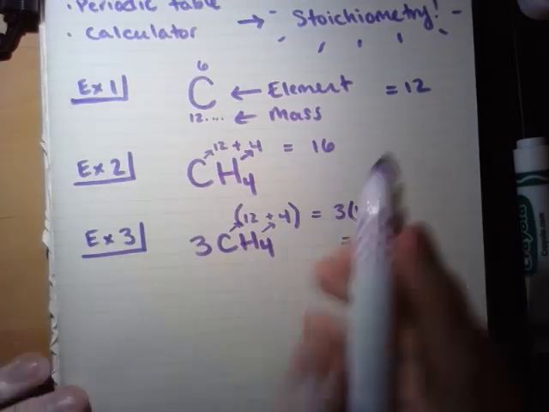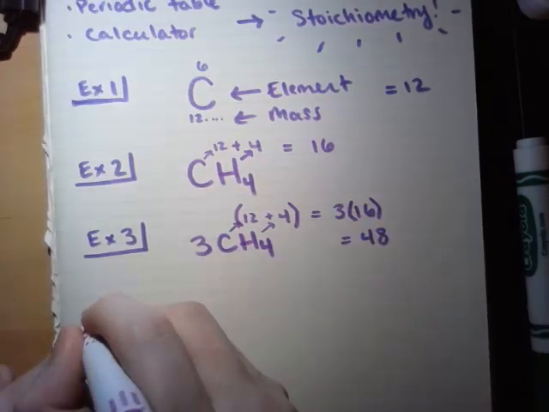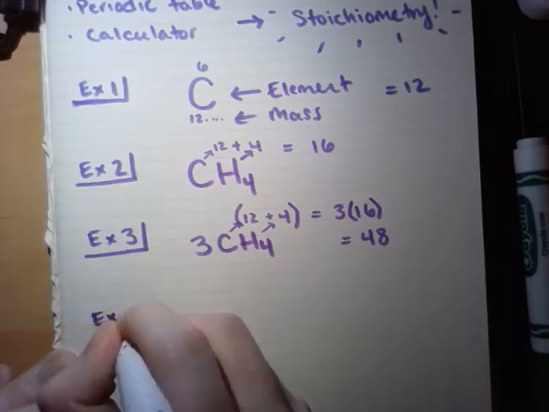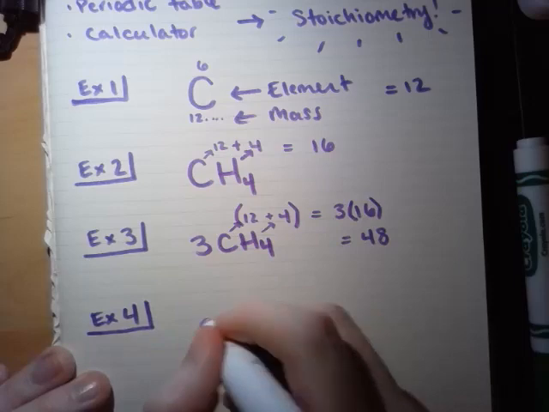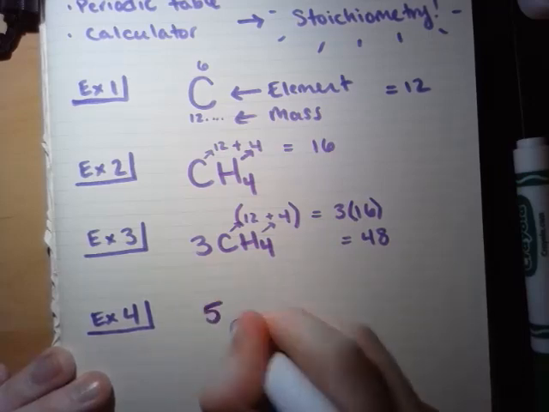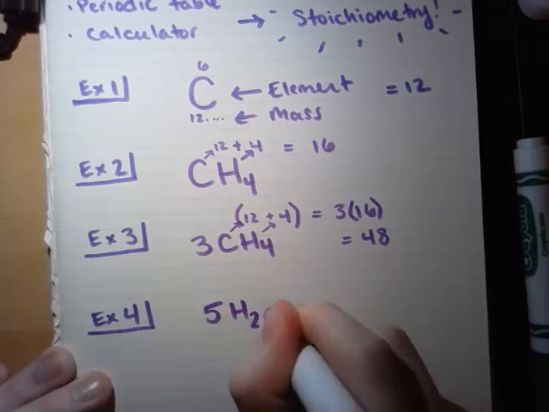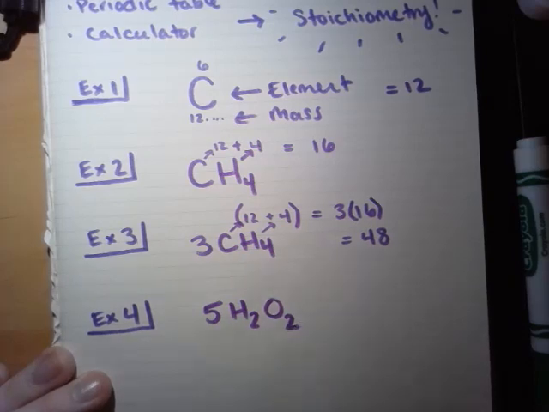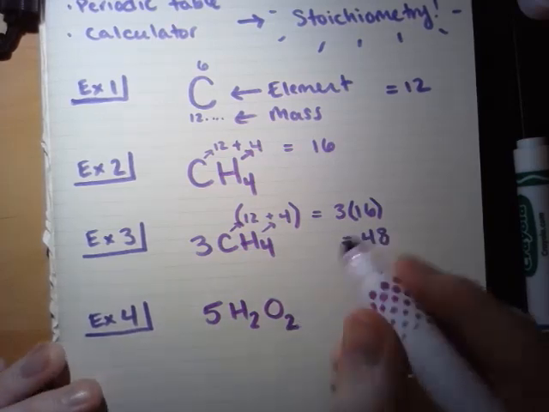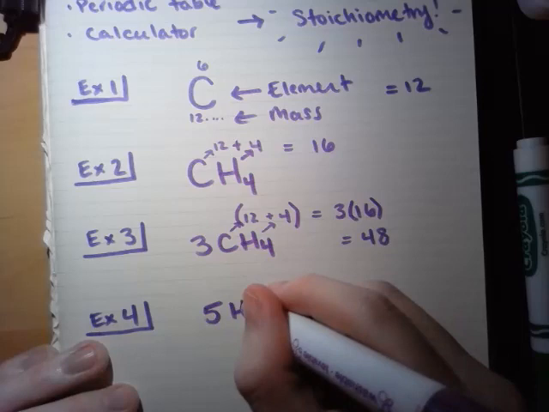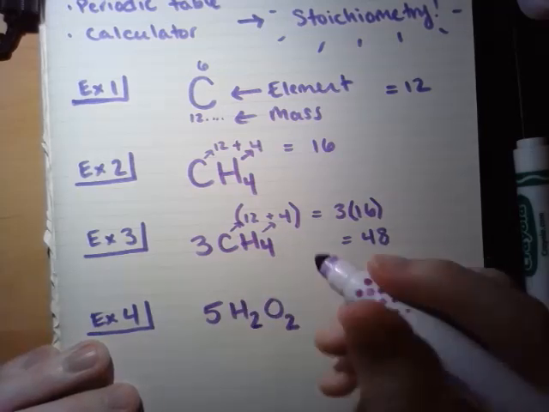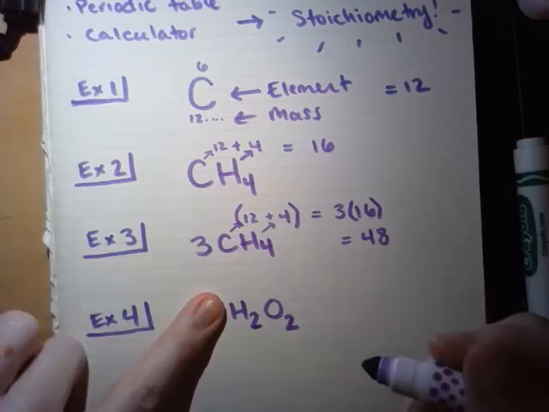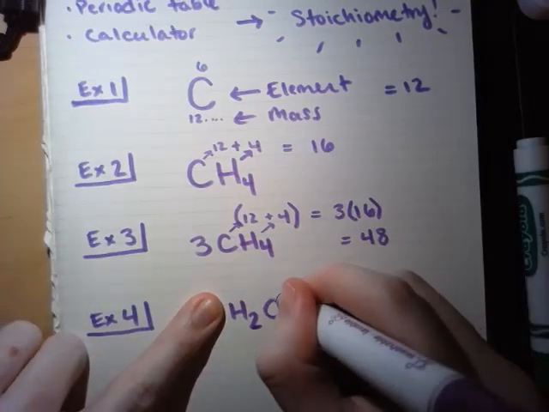The last problem is going to be example number 4. This one's going to be 5H2O2. Okay, so what we're going to do here: each one of these has a subscript, so each one of them will be multiplied by 2, again ignoring the coefficient for the time being.